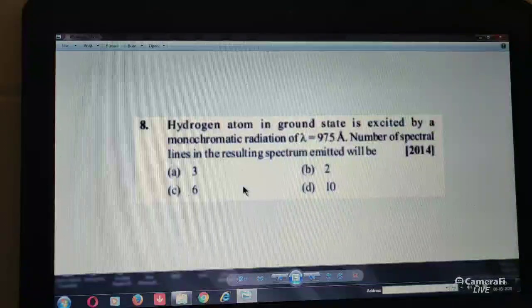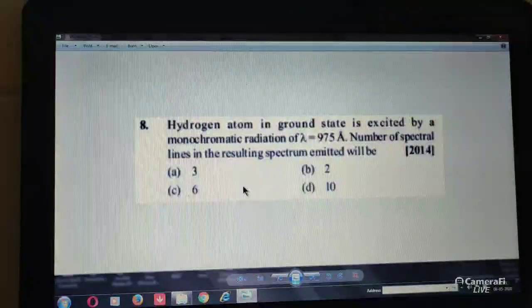After that it absorbs the energy from that light photon, so the hydrogen atom moves to an excited state. We don't know which excited state it went to. Only if we find that excited state is it possible to find the number of spectral lines in the resulting spectrum.